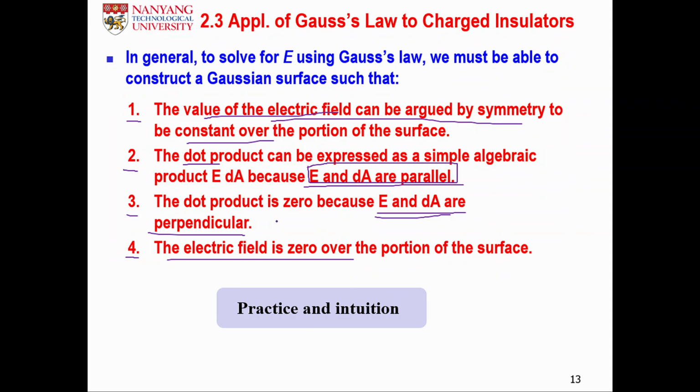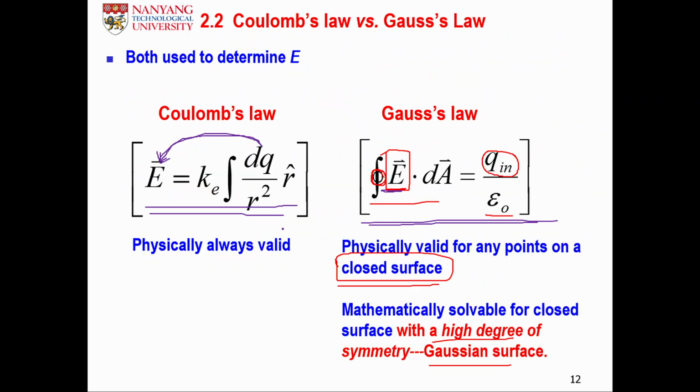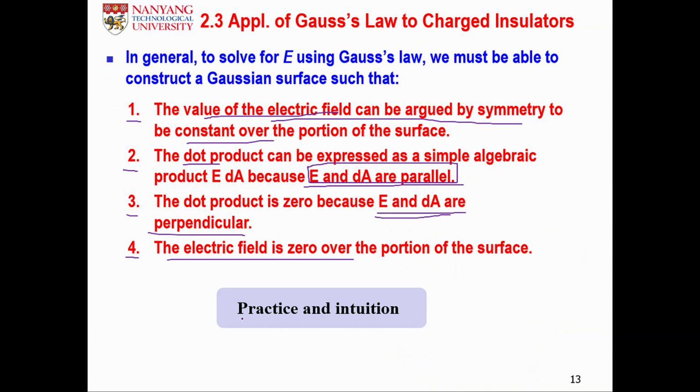So of course, in order to apply this Gauss's law, the very first step is to construct a Gaussian surface. And in order to do this properly, you will need some practice, and eventually, I would say, also a bit of intuition. And of course, intuition comes from practice.